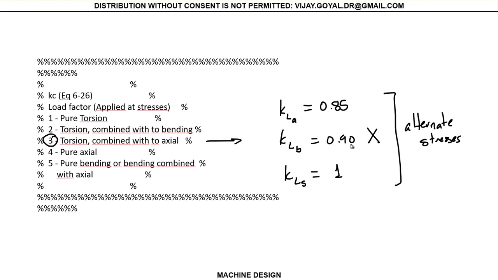Okay, so with this said and done, we are ready to build the state of stress in our problem. Note that your alternate state of stress will be given by, for alternate, remember we are using KFA. This is standard.